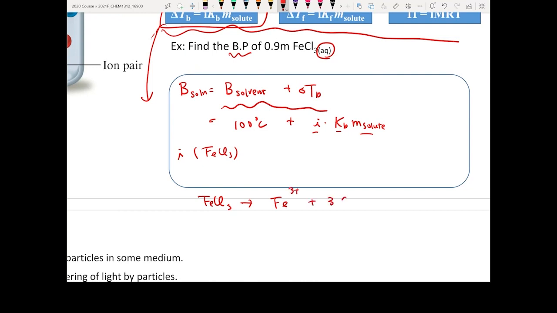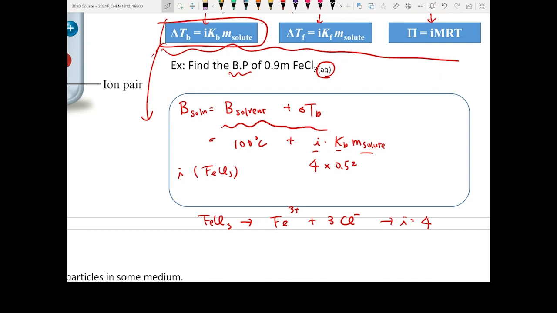Plus 3Cl minus. Therefore, I equals 4. How about your Kb? Whose Kb should you be looking for? Water, right? If you go to your textbook, you can find the Kb. You'll find that Kb equals 0.52. When you do your homework, it will be provided.